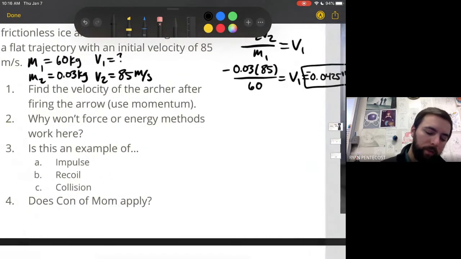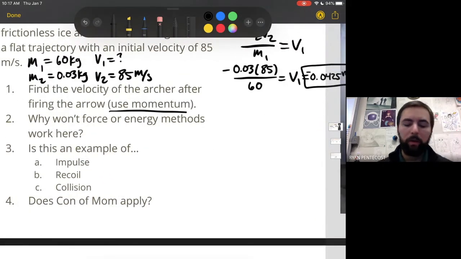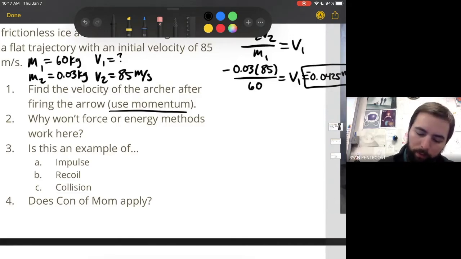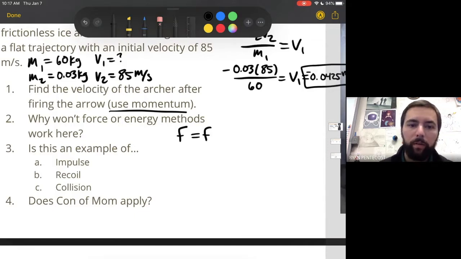Now, it said use momentum. Why would force or energy methods not work here? So let's look first at force. It's a Newton's third law pair. Every action has an equal and opposite reaction. As shown here, fire an arrow, the arrow pushes back on you. So with the third law pair, F1 would equal negative F2.